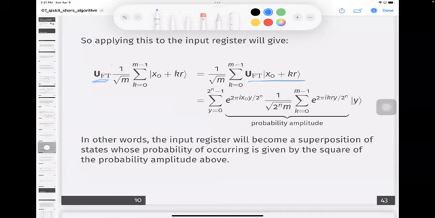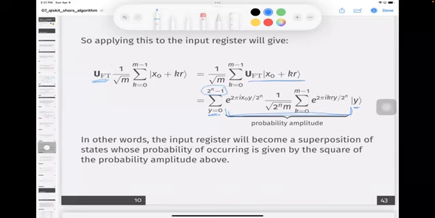So what will happen is that this becomes the probability amplitude. And this one is the summation of y equals 0 to 2 to the n minus 1, and this is your vector y. And this is the probability amplitude.